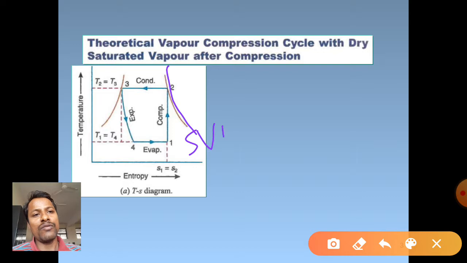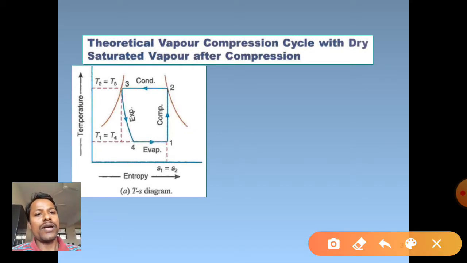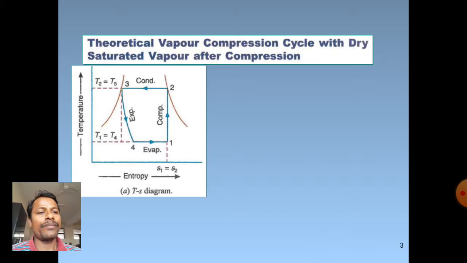Hence the inlet of the compressor will be wet refrigerant, indicated in the wet region, and at the outlet of the compressor it is dry saturated. It is not superheated as we had discussed in the initial VCR cycle.